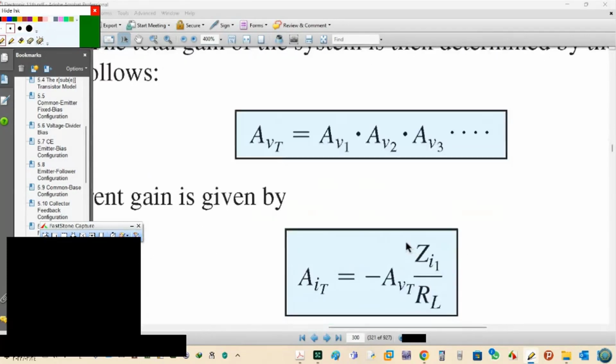AV total in multi-stage is AV1 times AV2 times AV3, multiplied. So in this multi-stage we have stage 1, stage 2, stage 3, and so on.